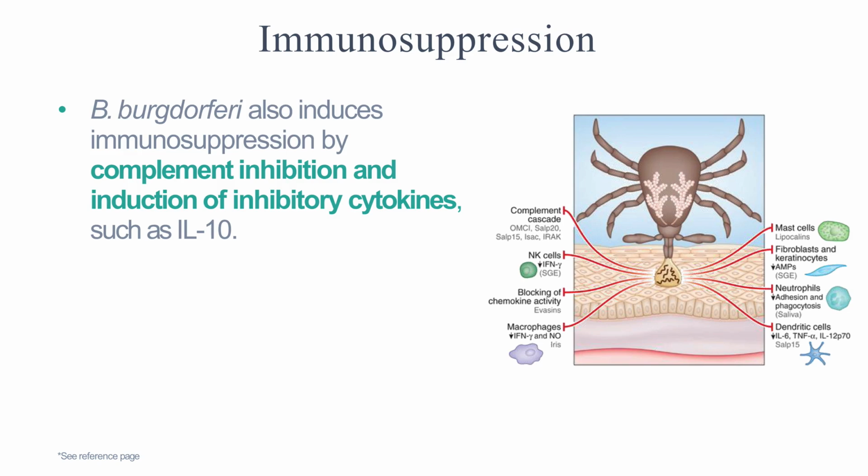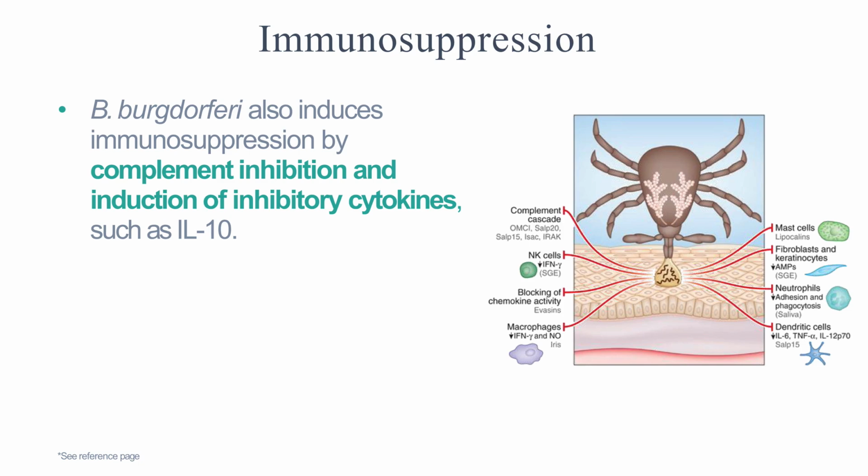So let's have a look then at Borrelia burgdorferi. It also induces, at the same time as the tick has induced its little response in the saliva, immunosuppression by complement inhibition and the induction of inhibitory cytokines, such as IL-10. So it's saying, okay, I'm expecting this, so I'm going to secrete something that just blocks that and counteracts it. And it's doing that from the complement cascade, and it's doing it from the inflammatory cascade to be able to just suppress our whole system.